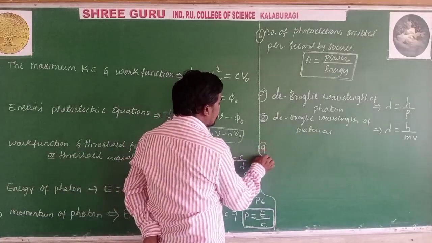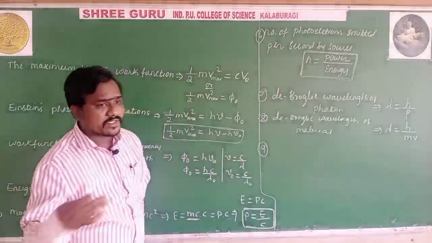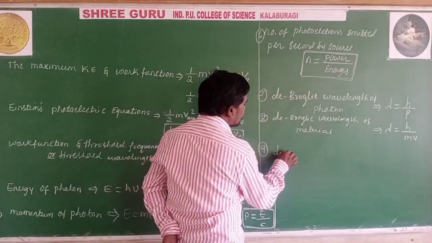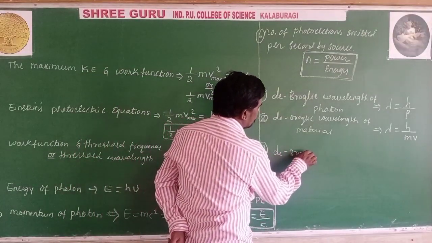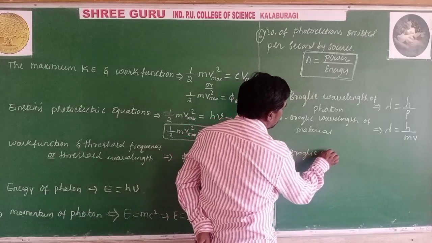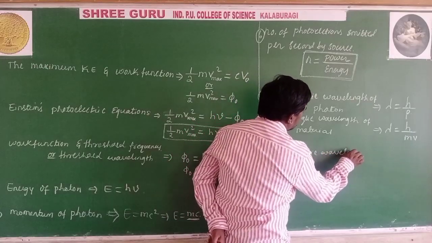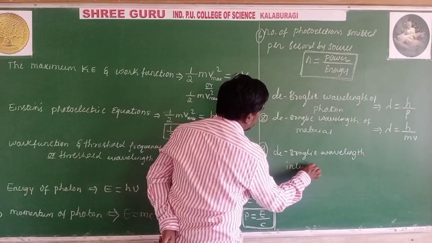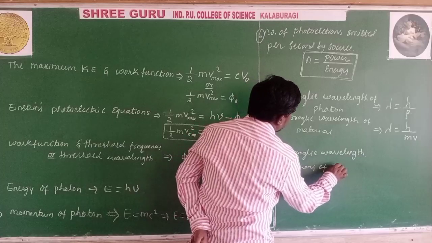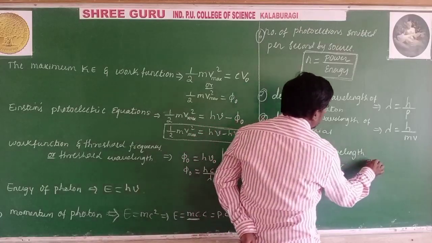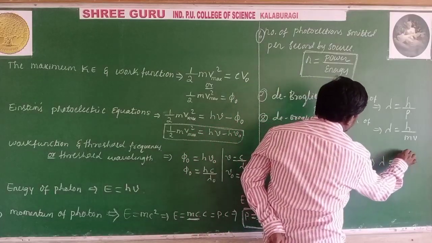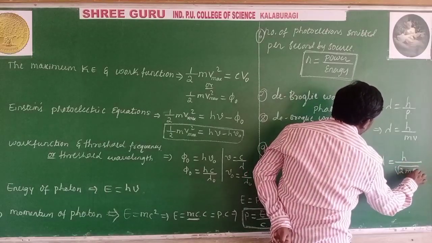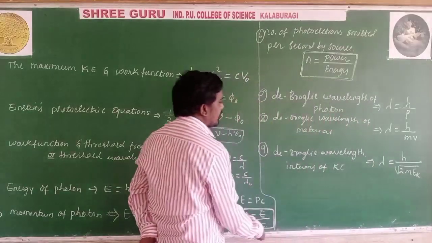And we also discussed the de Broglie wavelength in terms of kinetic energy and in terms of accelerating potential. De Broglie wavelength in terms of kinetic energy is lambda equal to h by under root of 2m Ek, where Ek is our kinetic energy.